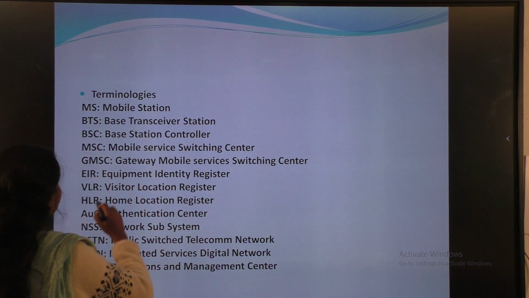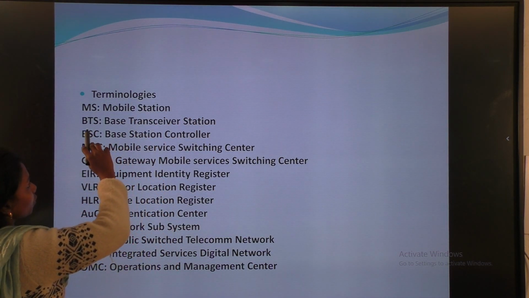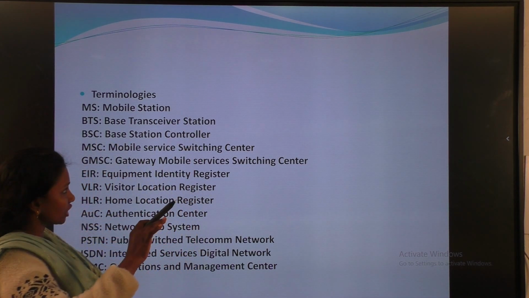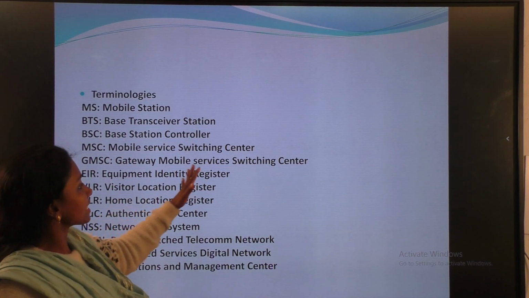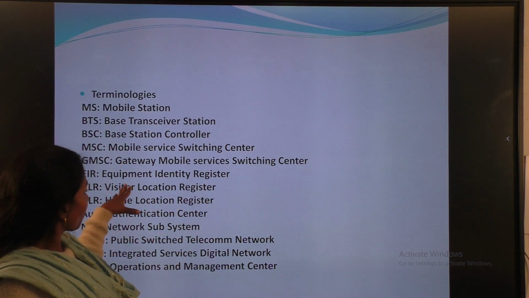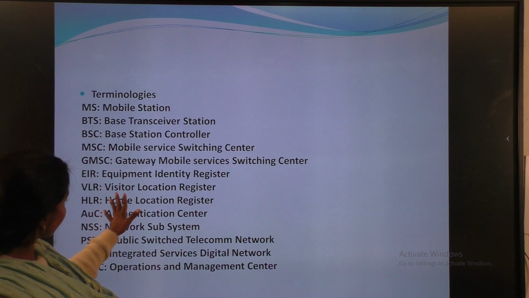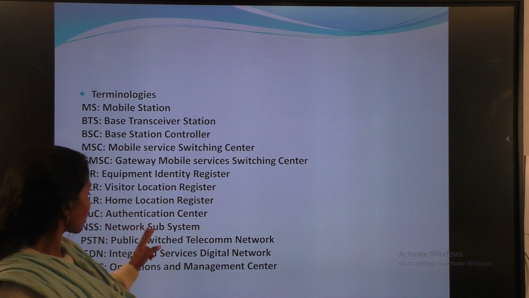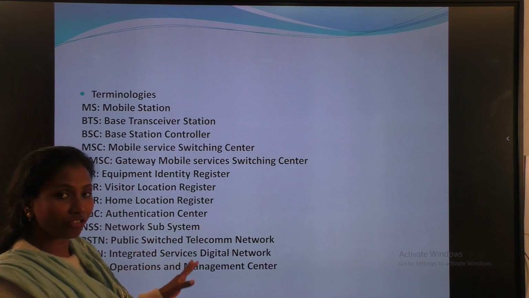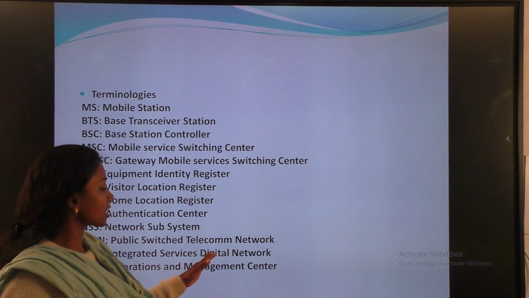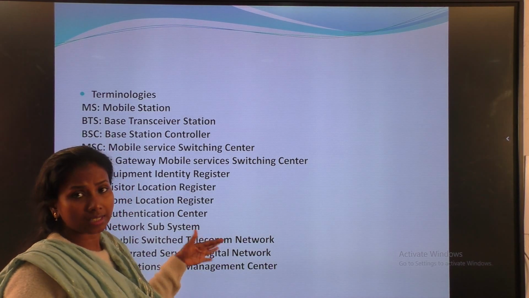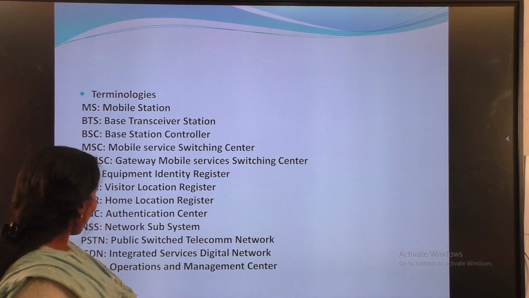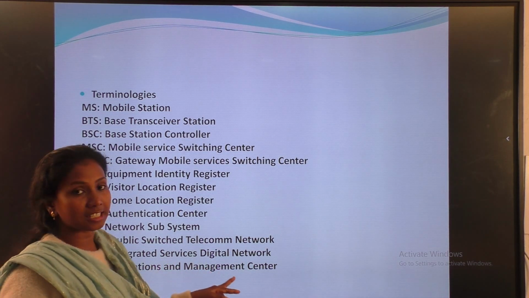Here this is your mobile station. MS stands for mobile station, BTS base transceiver station, base station controller, mobile service switching center, gateway mobile service switching center, equipment identity register, visitor location register, home location register, authentication center, network subsystem, public switched telephone network, integrated services digital network, that are common standards whenever you are putting any call, OMC operations and management center.